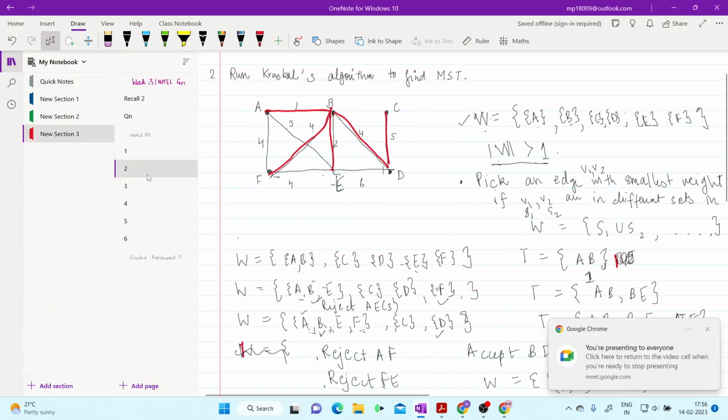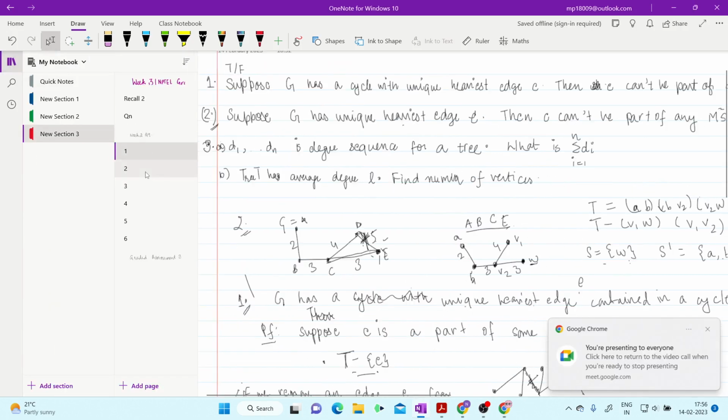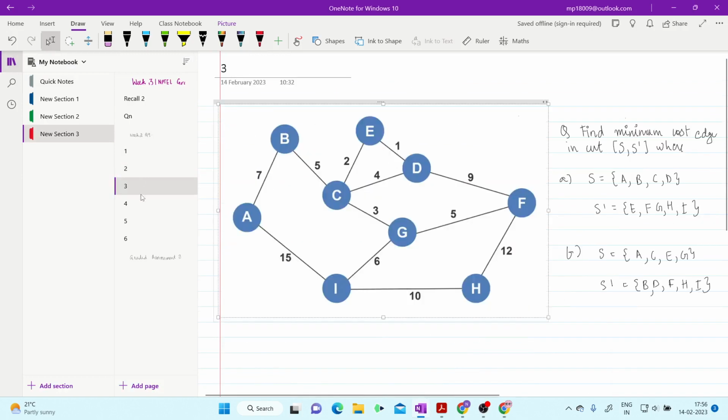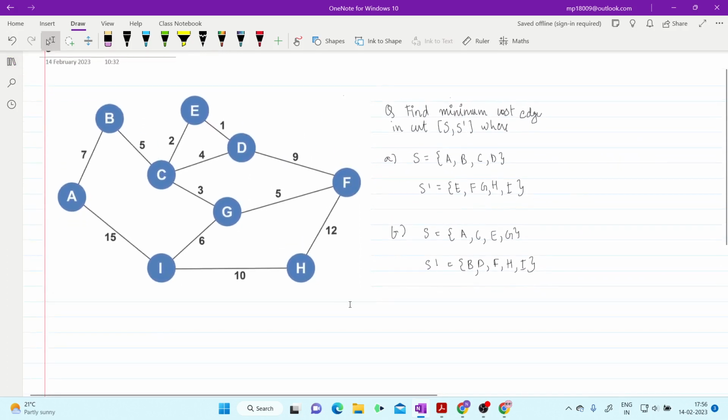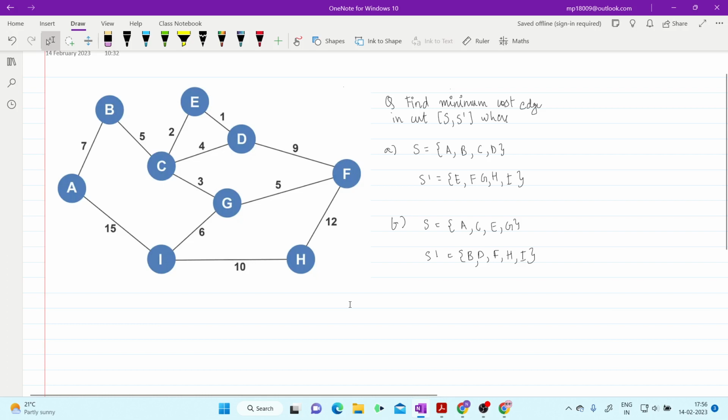So now we have this graph, and in the next question we'll be finding the minimal spanning tree using Prim's algorithm.